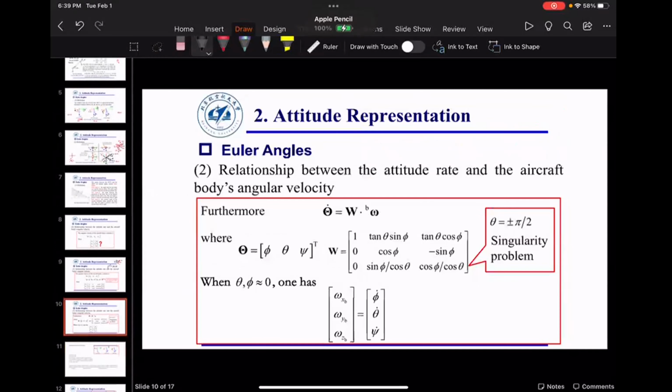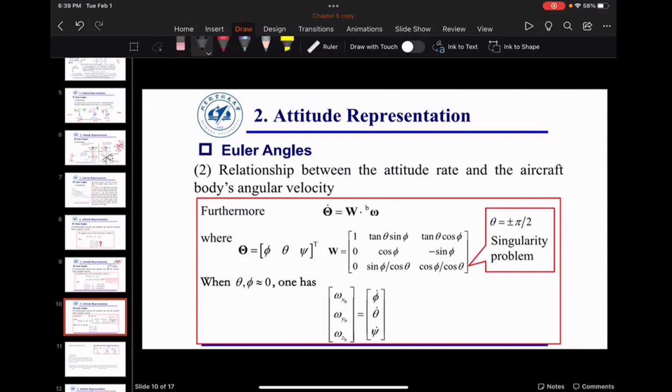So in this omega, B stands for body. Aircraft has its own coordinate frame, a body-fixed coordinate frame, that is traveling with the aircraft.